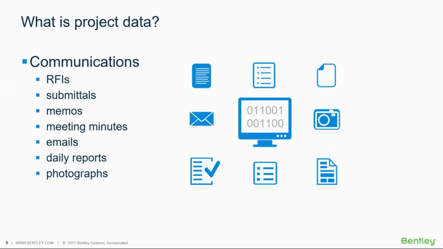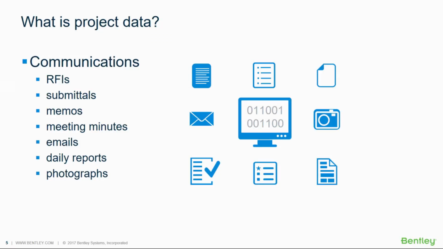Communications are anything that flows back and forth between any project participants. And you really need to track this properly, because if you're not tracking communications, you're going to run into serious problems later if you have a claim situation or anything like that.